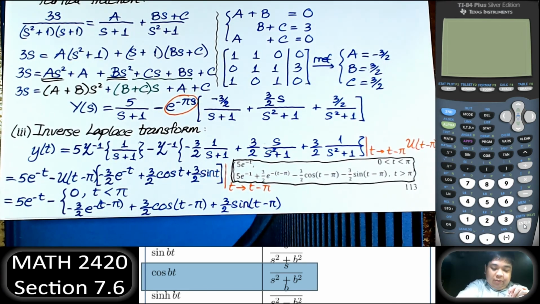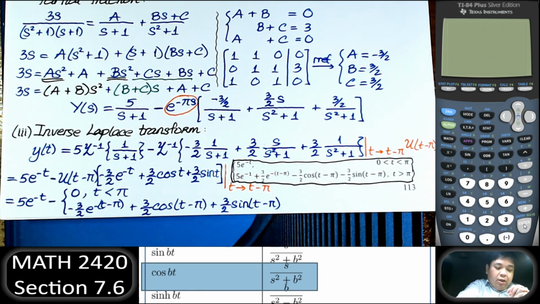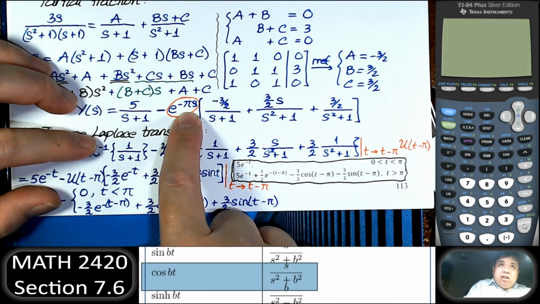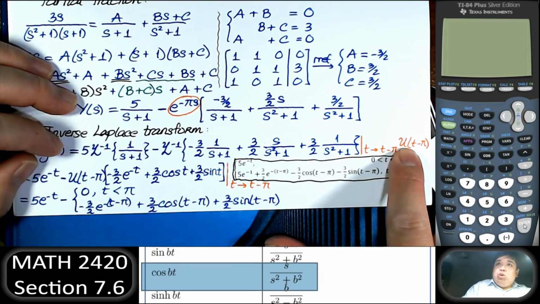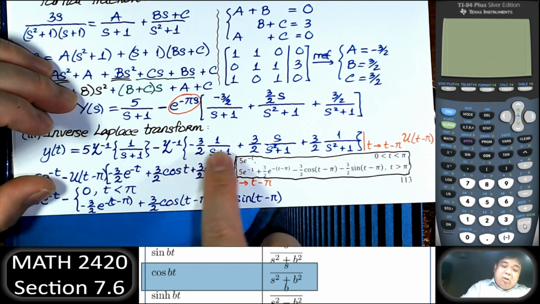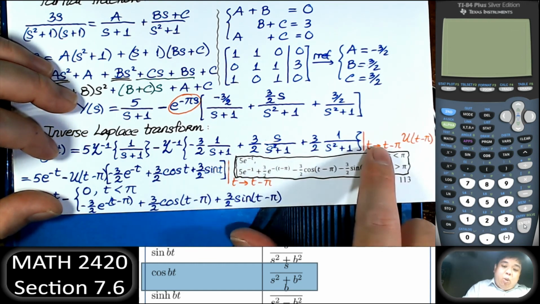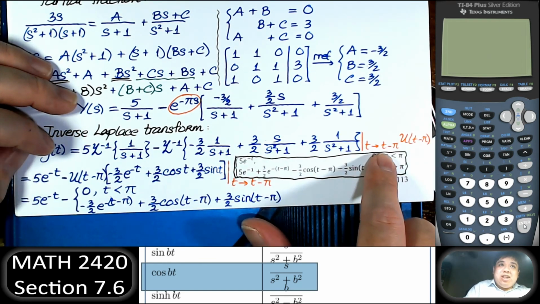Right. So, yeah, the e to the negative pi s turns into the u of t minus pi. That's the first part. The second part is we just do the transform of what's left. What's left? When we do that, the t will be replaced by t minus pi.